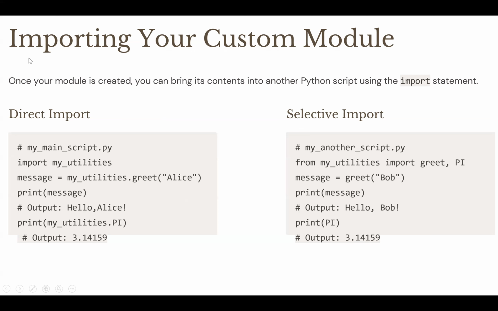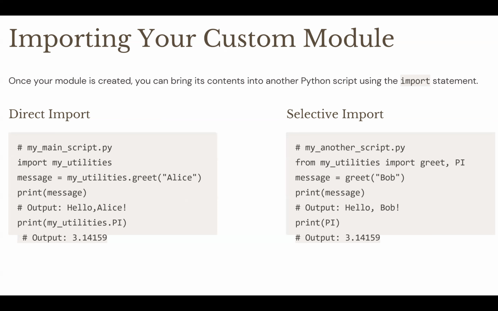First we'll see how we can do the direct import. Direct import means just use the module name, and automatically it is going to import all the contents of the module. Here we can see how to import. Here my_utilities is my new module.